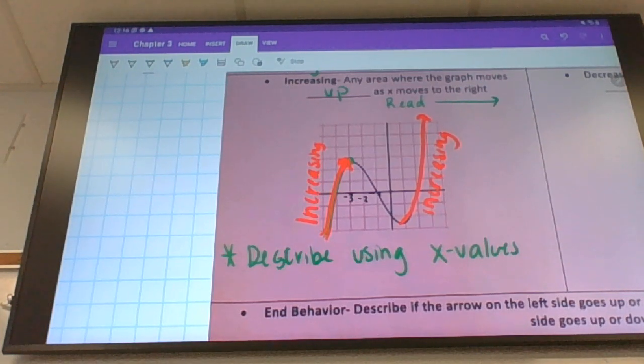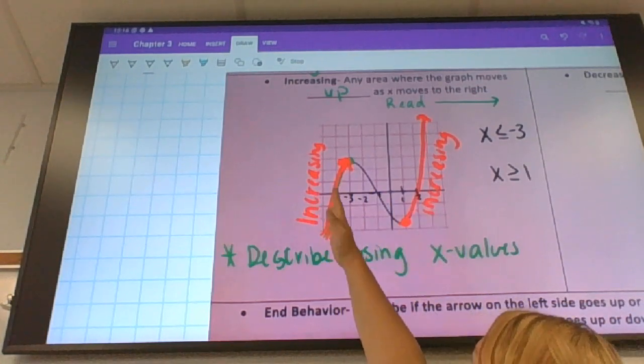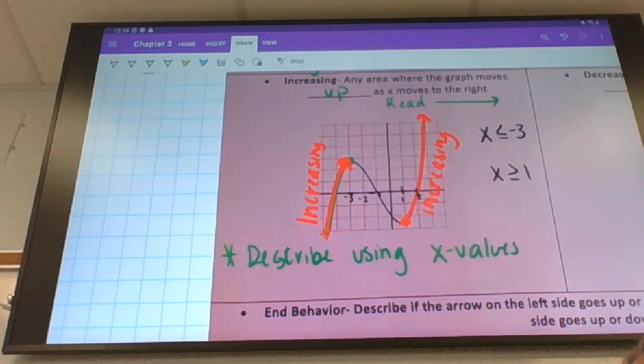So I'm gonna say it's increasing when x is less than -3. And then I'm just gonna call this x value 1. It's increasing again when x is greater than 1. Over here it's increasing, and over here it's increasing.